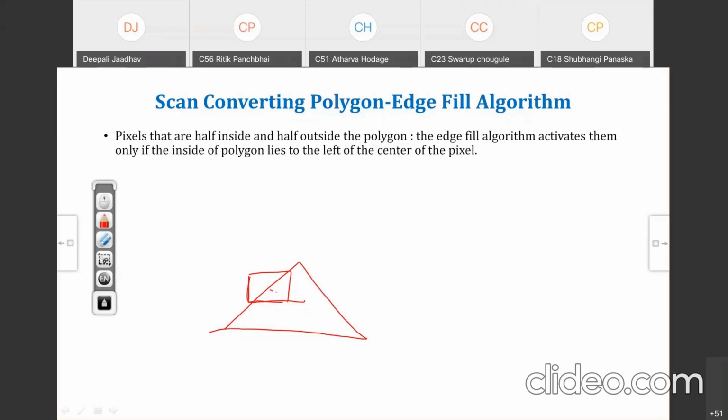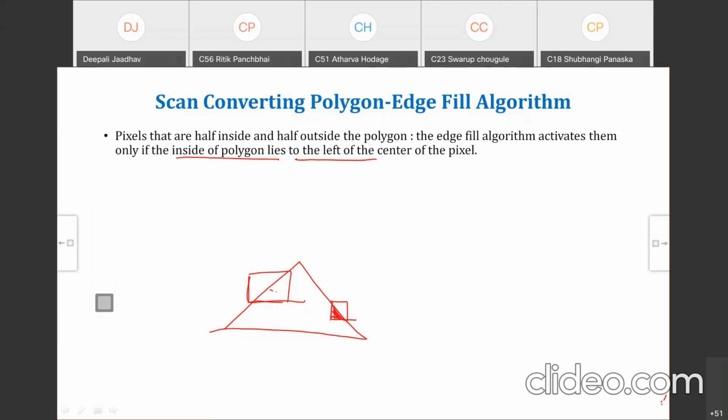Suppose this is the pixel here, half inside and half outside the polygon. Then the algorithm activates it, activate meaning make its complement, only if the inside of the polygon lies to the left of the center of the pixel.